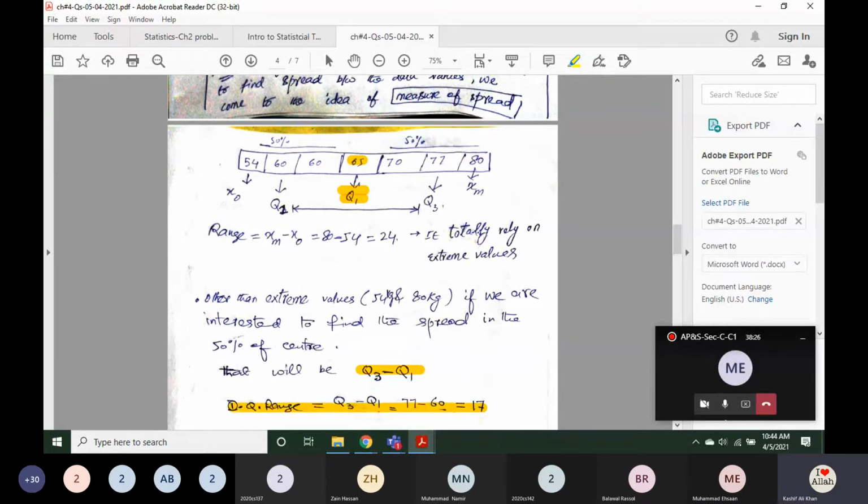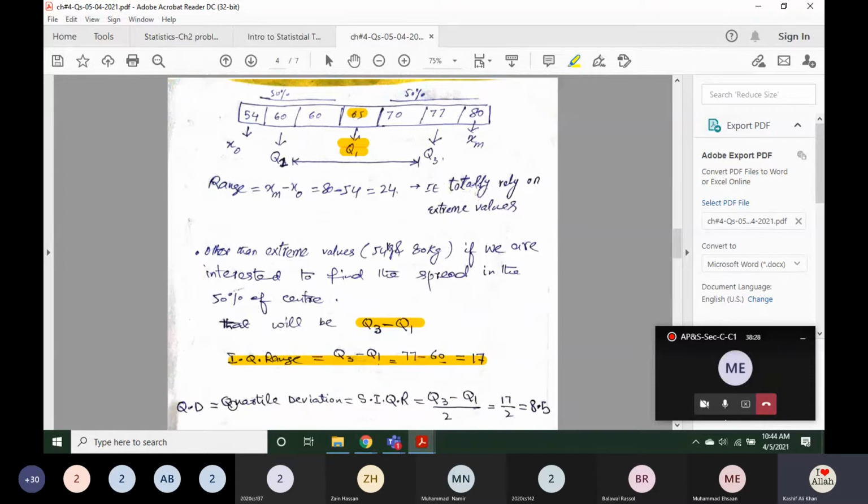So for my problem, interquartile range is 17, and we are interested to divide it into two because we want to find the spread of the 50% of the center.